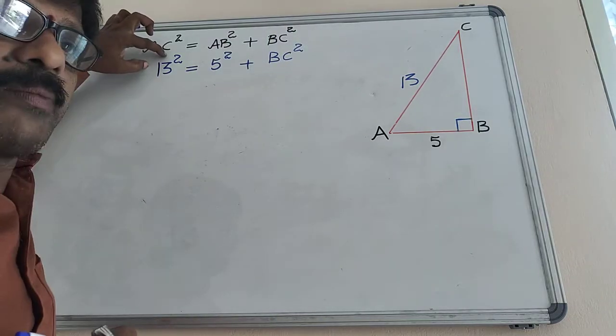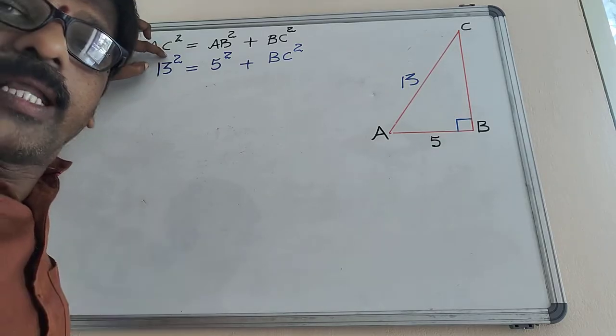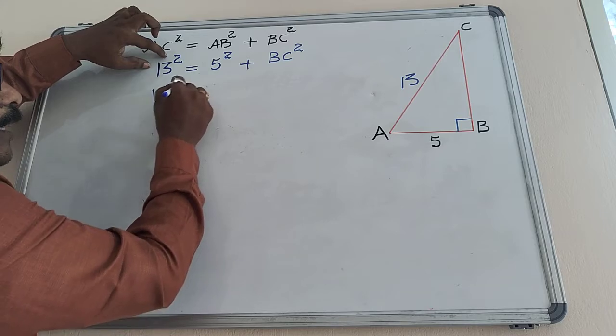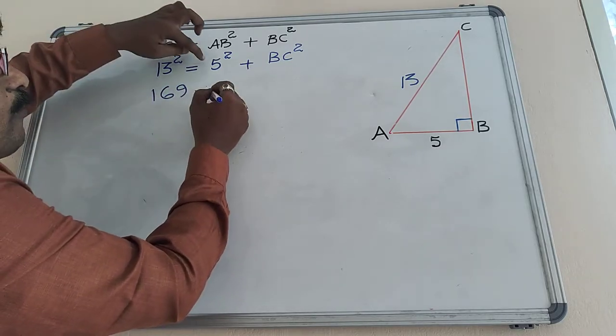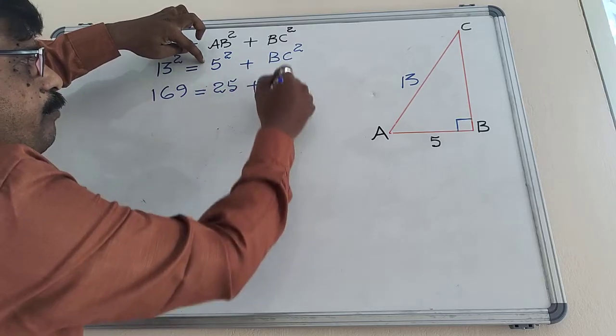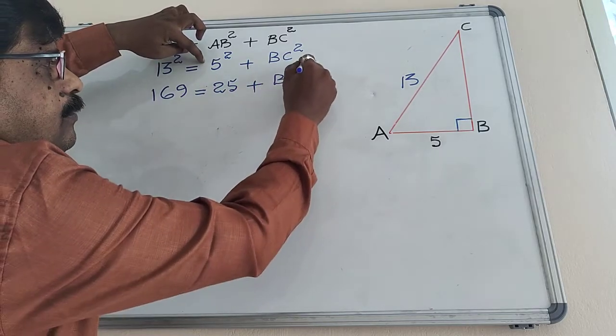Now 13 square can be written as 13 into 13. 13 13s are 169, which equals 5 square, that is 25, plus BC square.